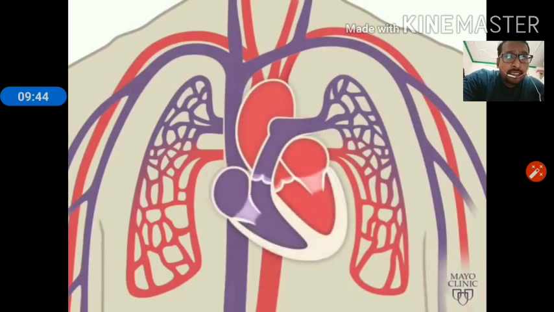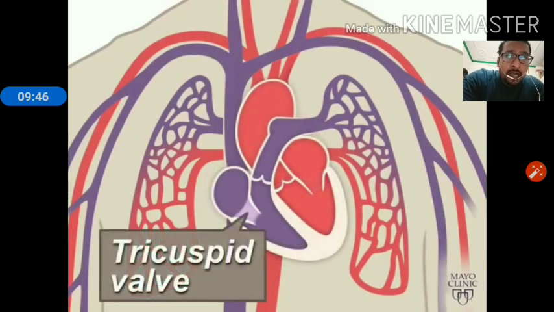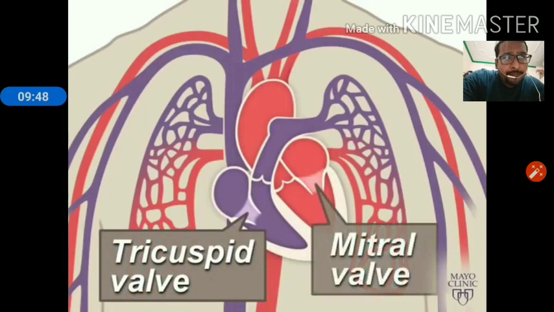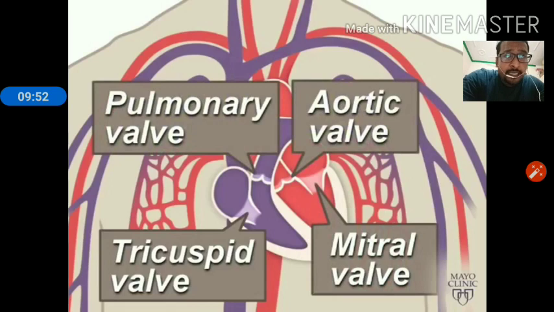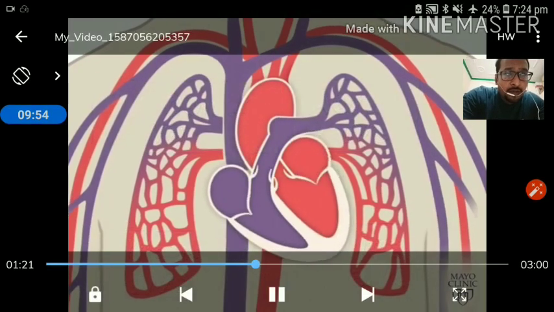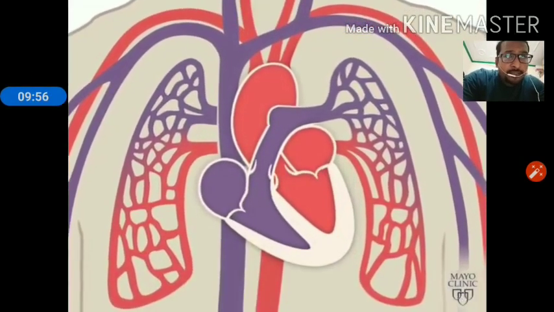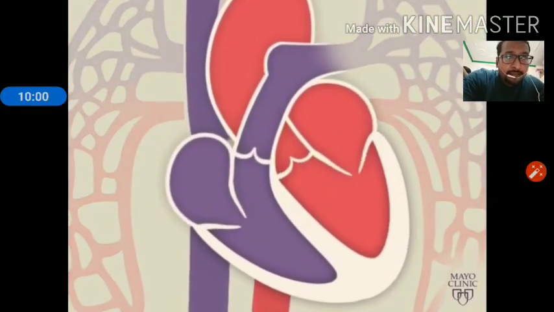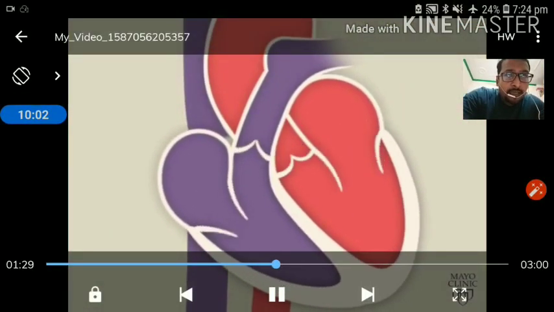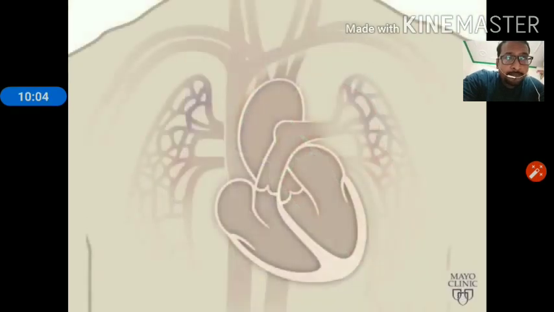It works this way to help our circulatory system, to make it pure, healthier and energetic. So this is how it works, and the lup dup sound is created every second. This is how the heart works.